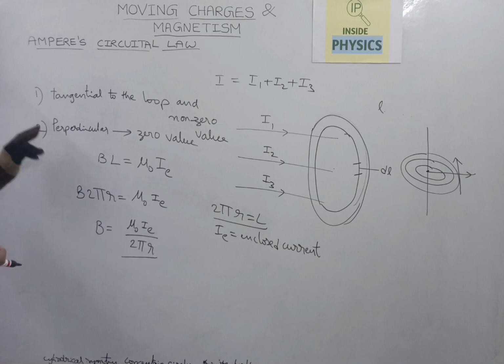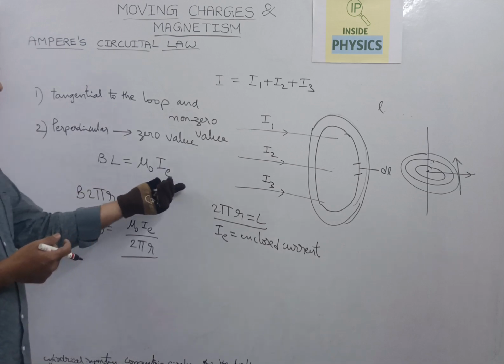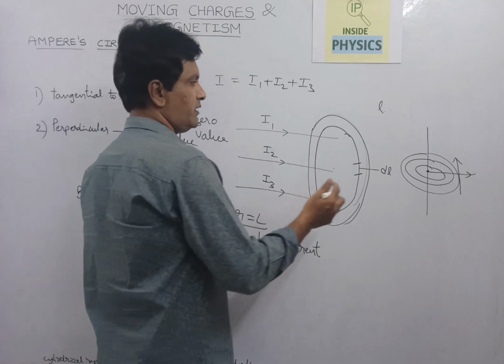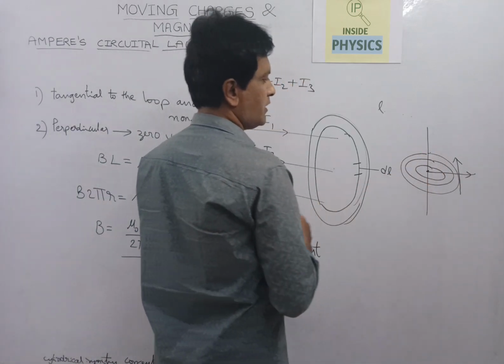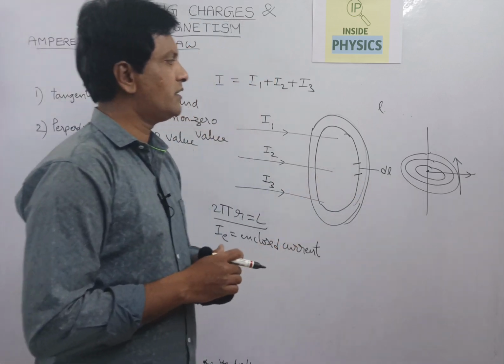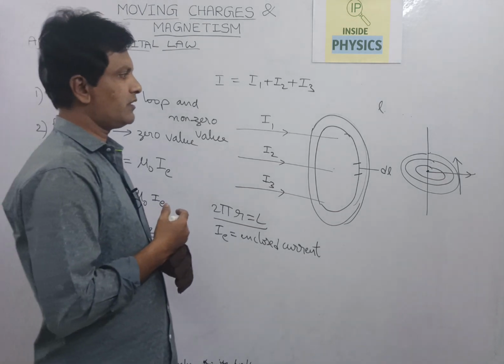Yes, this includes simple terms like the perimeter of the boundary and the current enclosed inside the conductor. Here the interesting points are, as the magnetic field is tangential to the loops, these loops will be concentric circles, that we can conclude from this. And the magnetic field has a cylindrical symmetry. What is cylindrical symmetry?